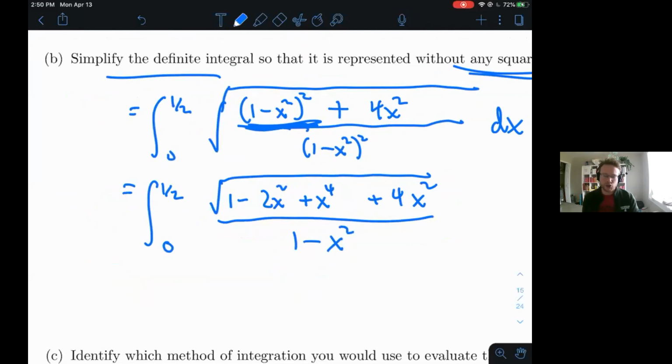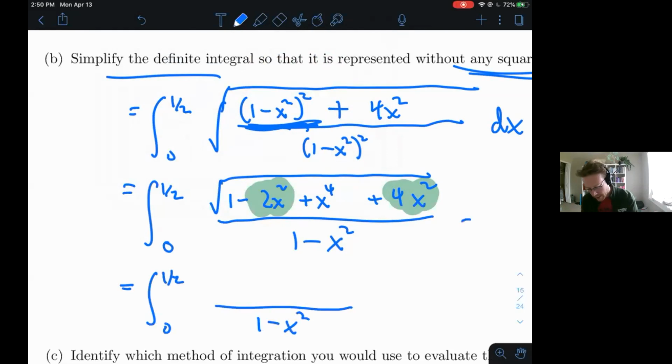Now I see this trick is happening, very similar to what we did earlier today. There's a minus 2x squared and there's a plus 4x squared, so these like terms are going to combine, and we go from negative 2x squared to positive 2x squared. Same sort of trick here. We have 1 minus x squared, and this is going to become the square root of 1 plus 2x squared plus x to the 4th.